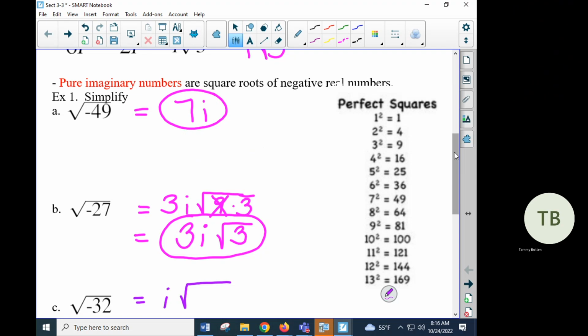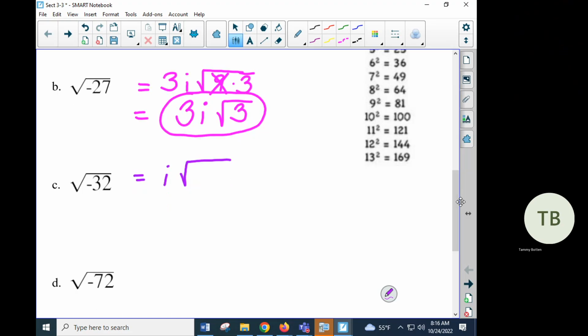Does 16 go into 32? It does. So I could write this as 16 times 2, because 16 times 2 is 32. And then the square root of 16, I can take out front, which is 4. So that would be 4i times the square root of 2.